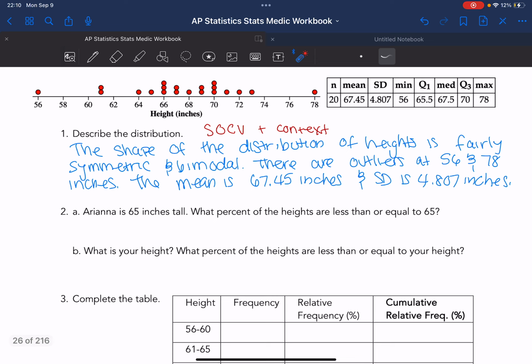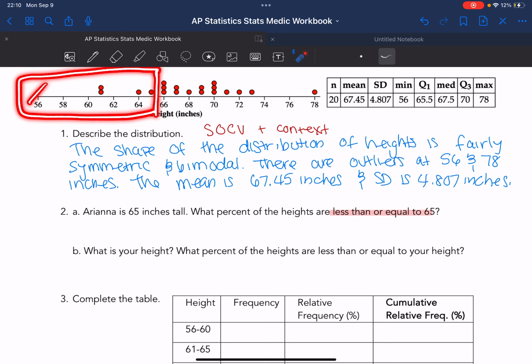Okay. Part 2, A says Ariana is 65 inches tall. What percent of heights are less than or equal to 65? So less than or equal to is the key here, meaning we are finding all the heights that are 65 and smaller. So 65 is right here. So we are counting up all of these dots.